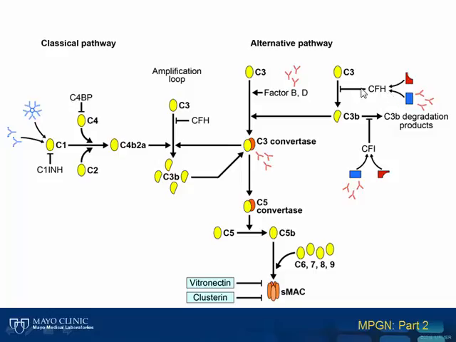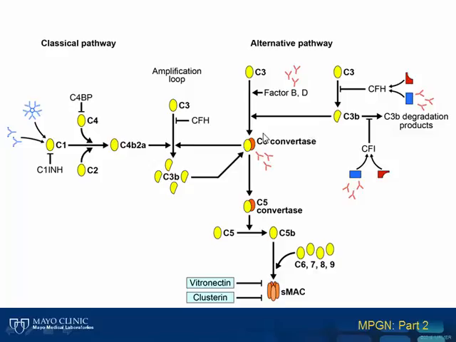So the key regulation really lies over here. That means the C3 that forms C3b, most of the C3b is then degraded very rapidly so that the C3b doesn't combine with C3 to form this C3 convertase. So that's one major regulation over there.